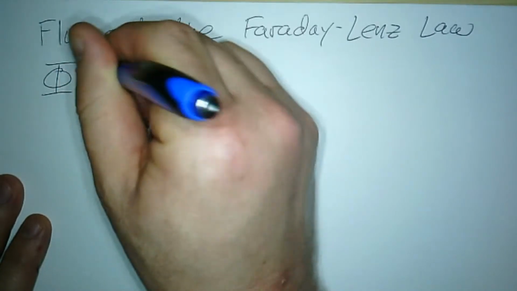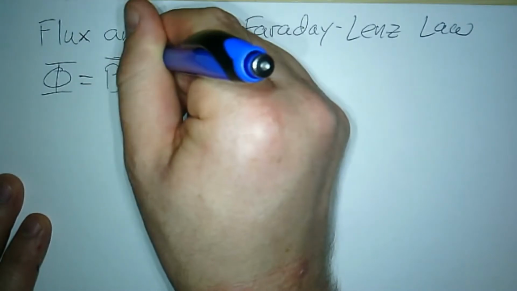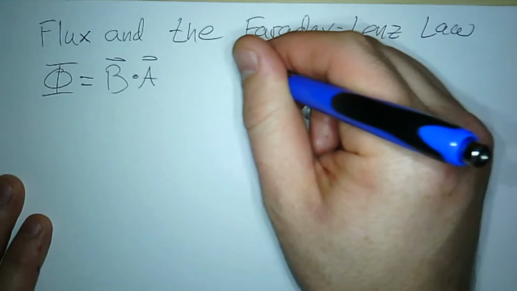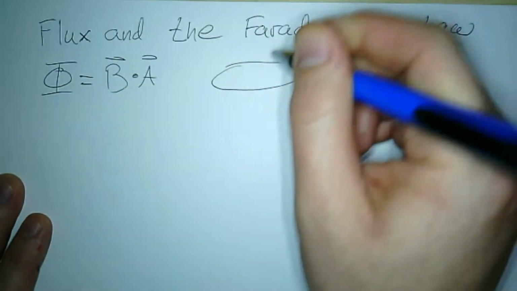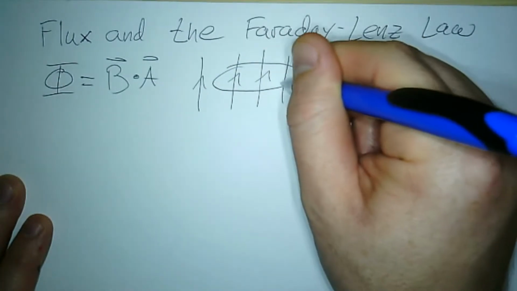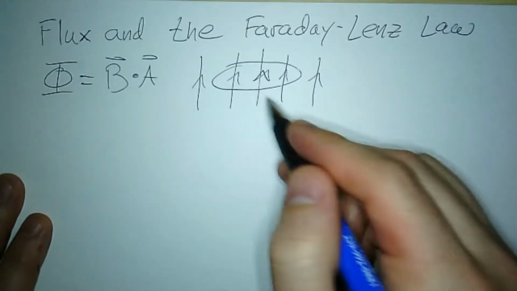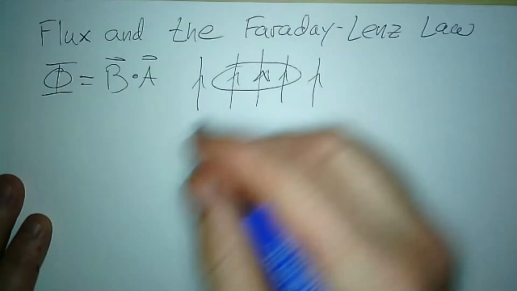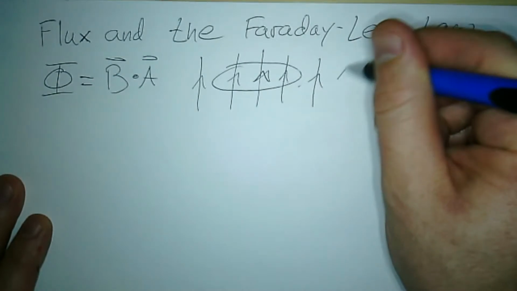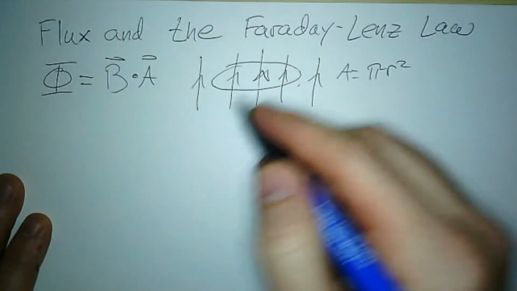So flux is equal to the dot product of the magnetic field and the area of the loop. What this tells me is that if I have a loop of wire and a magnetic field passing through it, like this, then how big my loop is, in this case the area of the loop, which would be pi r squared, times the strength of the magnetic field gives me my flux.